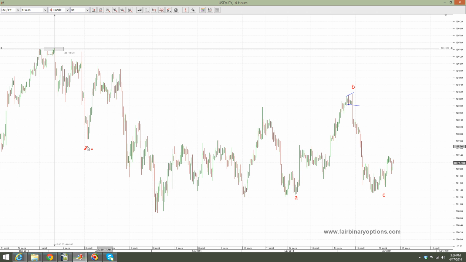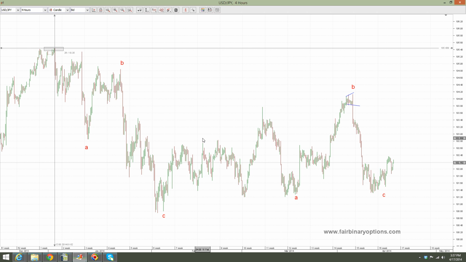So a three-wave structure, wave A, a three-wave structure, the B wave, and then a five-wave structure to the downside, the C wave that ends here. This five-wave structure goes 1 2 3 4 5 with the first wave an impulsive move. The second wave here is the most time consuming, so everything looks to be alright here.